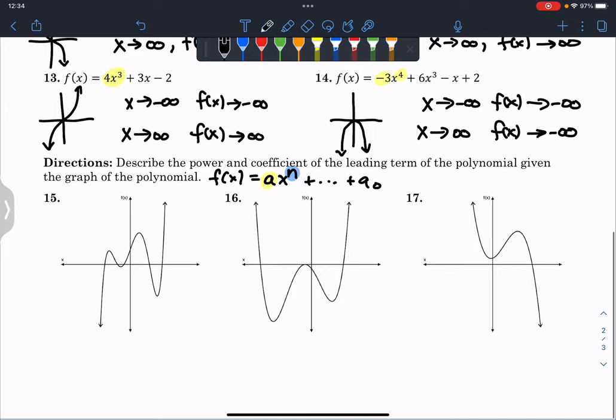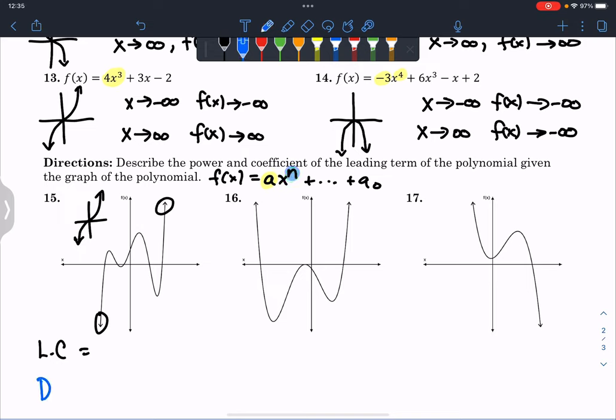So here, the leading coefficient on this one is behaving exactly like this power function, because this end is down and this end is up. This power function occurs when this exponent n, the degree, is an odd number.